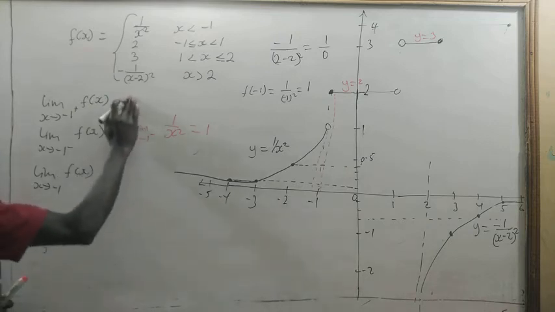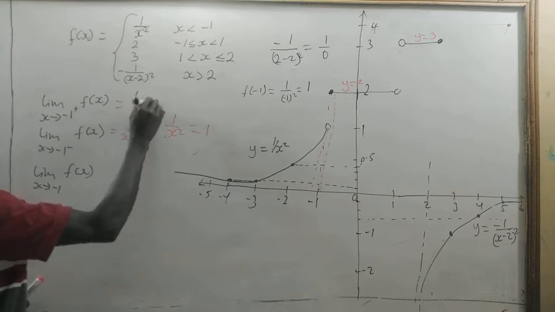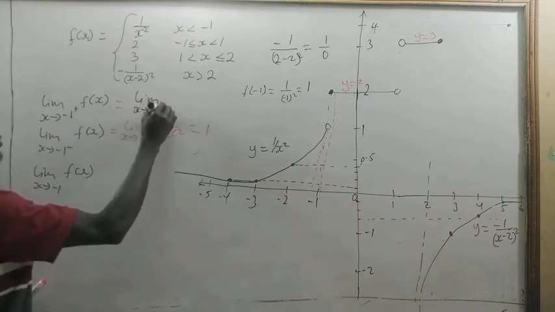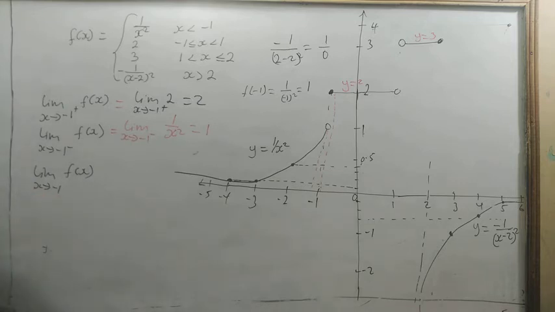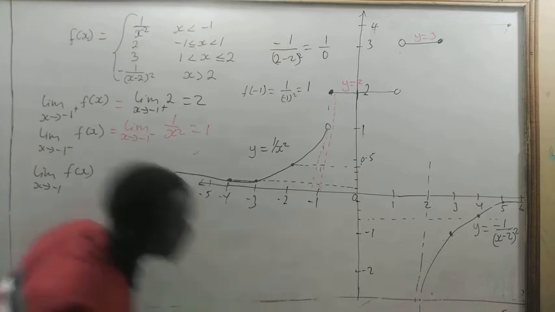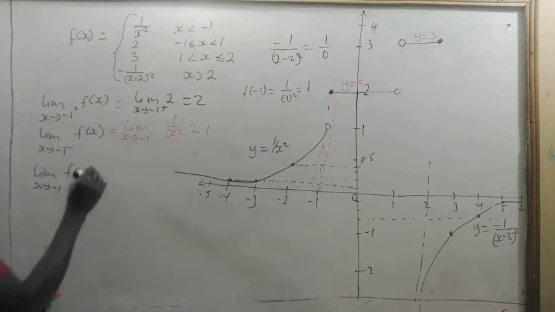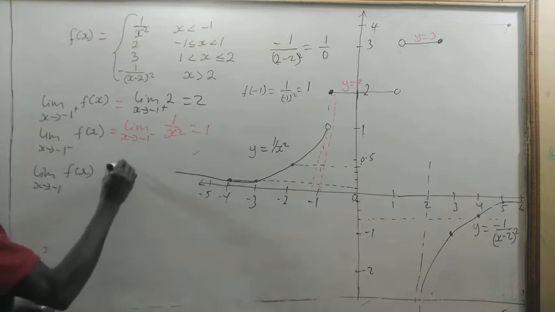So this one will be the same as the limit as x approaches -1 from the right of 2. And we have this. So you see that the right hand side limit and the left hand side limit differ. So the limit of f of x as x approaches -1 does not exist.